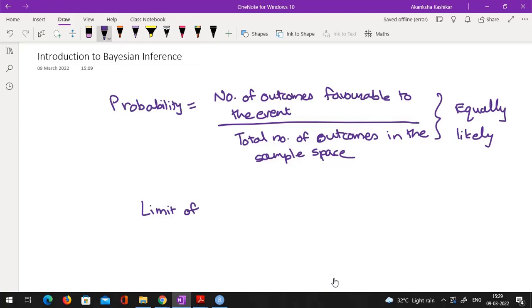What is that quantity called? Relative frequency. Correct.